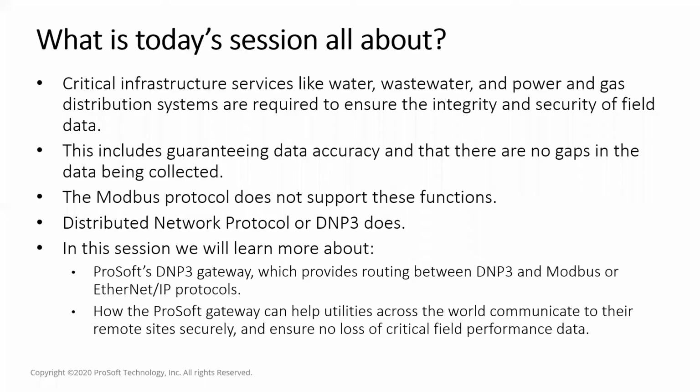Okay, so the missing data part really only applies a lot of it to critical infrastructure. The reason is that these services are geographically dispersed, whether you take water or wastewater, power or gas. These systems are quite well distributed. So if you're missing data from these systems, the ability to operate them efficiently and productively diminishes.